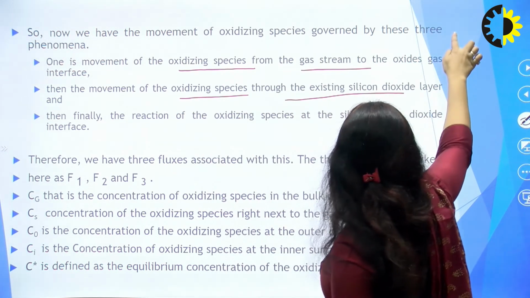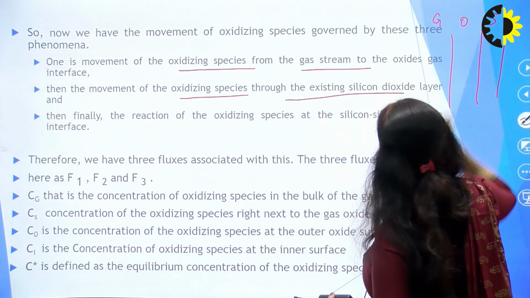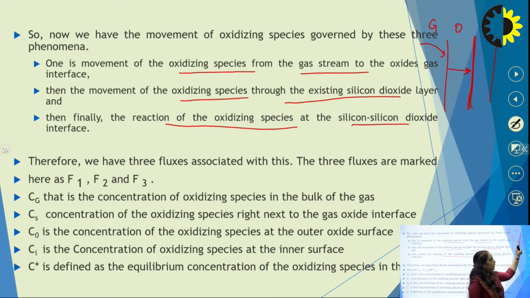The third is the reaction of oxidizing species at the silicon dioxide interface, where they will react with the silicon present. So for all three areas, we are going to have three flux equations, F1, F2 and F3.